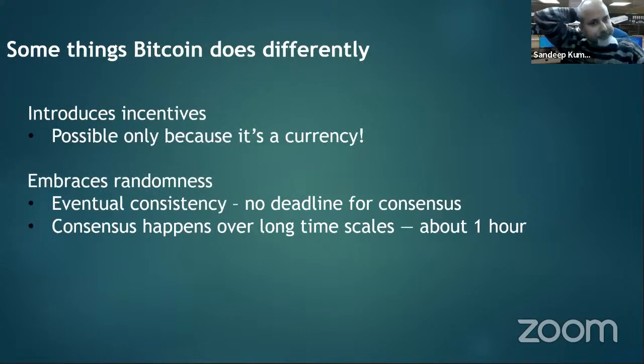So what Satoshi Nakamoto said is let's change the model and say that anybody who reaches the consensus, or creates a block which will be the block on which consensus is made, that node will get some reward.